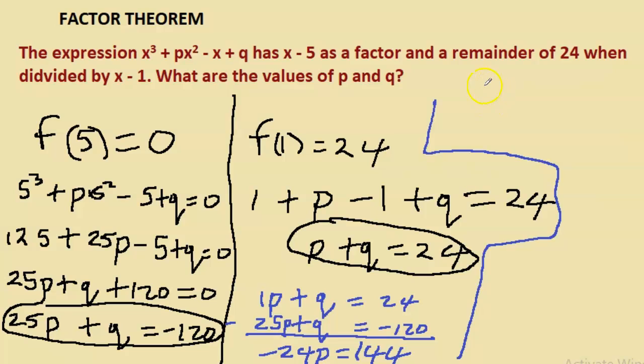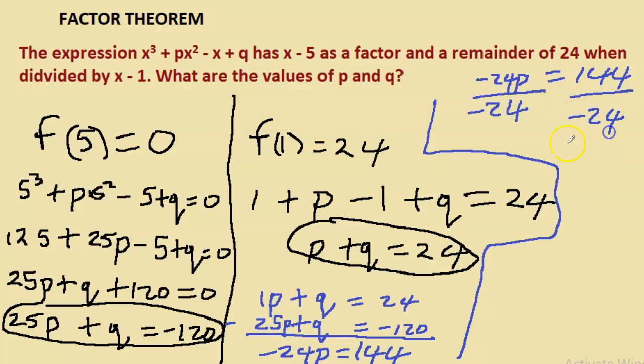Continue. So if I divide both sides by minus 24, minus 24p equals 144. So p would be equal to 144 divided by minus 24. That's 6, so minus 6. So p is minus 6.